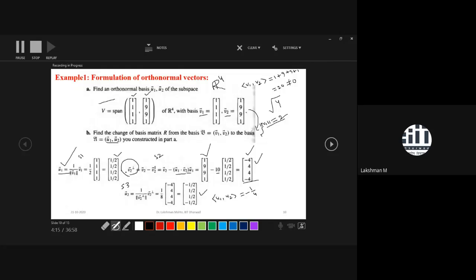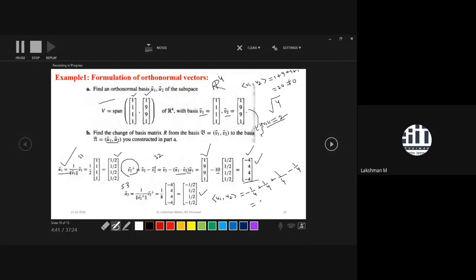Then 1 by 2 times 1 by 2, that means plus 1 by 4. Then 1 by 2 times 1 by 2, that means plus 1 by 4. And the last coordinate is 1 by 2 times minus 1 by 2, that means minus 1 by 4. If you sum up all these components, the result you are getting is 0.